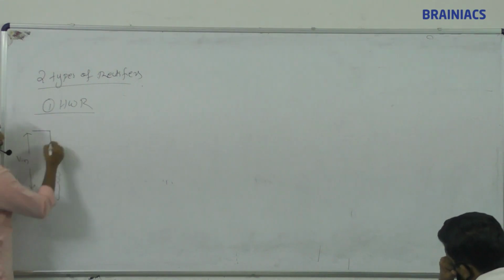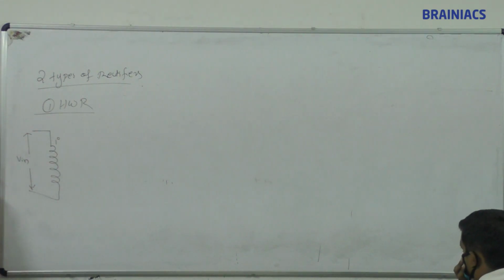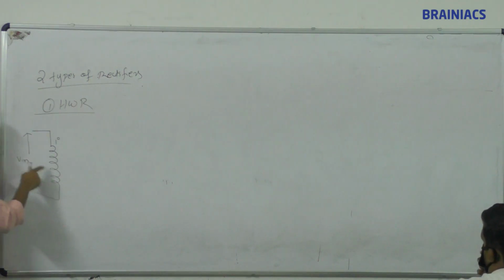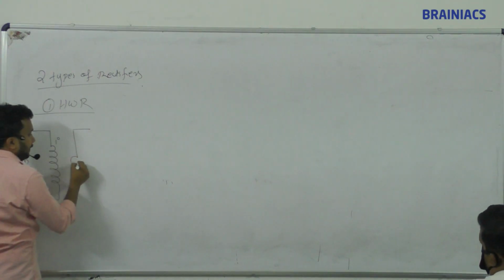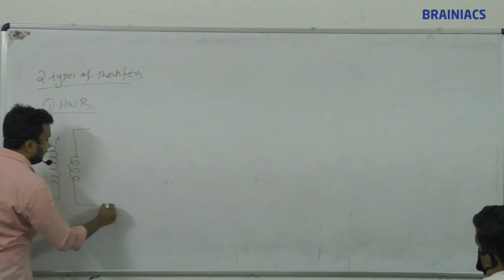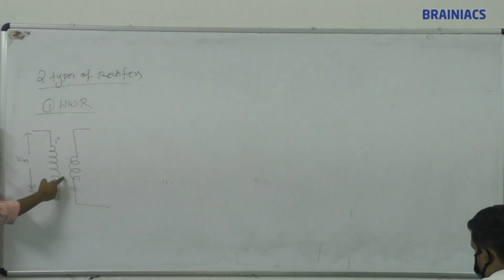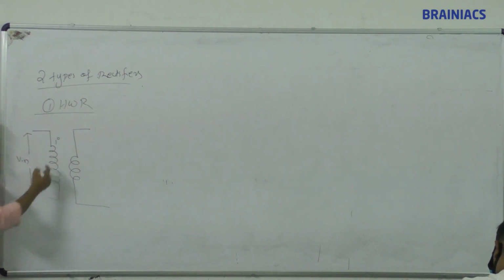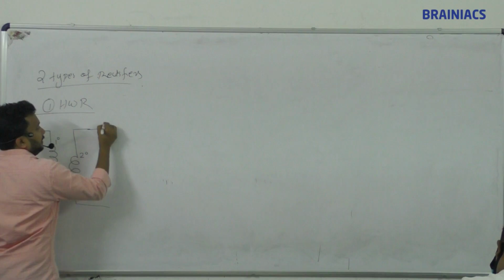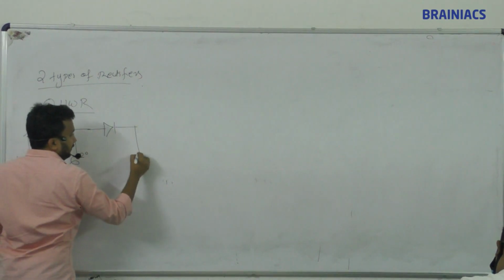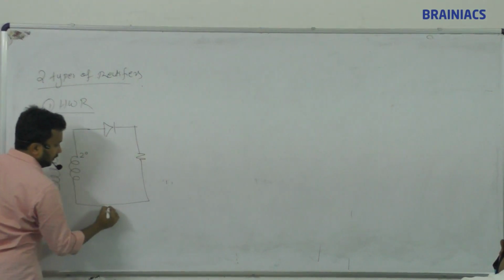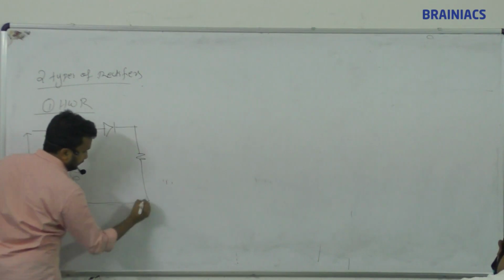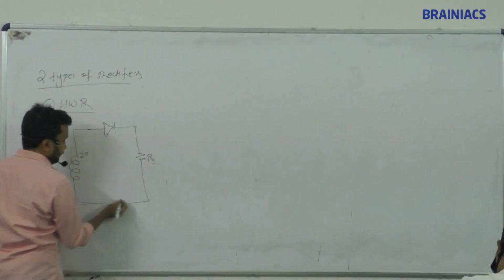Here, this is the primary coil of the transformer and we are giving an input voltage, and this is step down, so the secondary coil will have fewer turns. Both should not be equal. The primary has a higher number of turns, the secondary coil has a lesser number of turns, and we connected it with a diode, then we connected a load resistor RL.